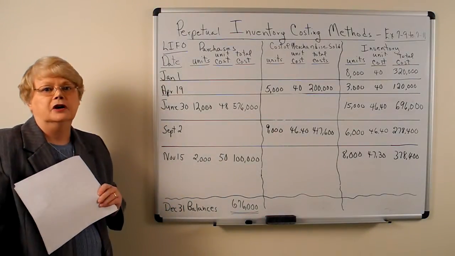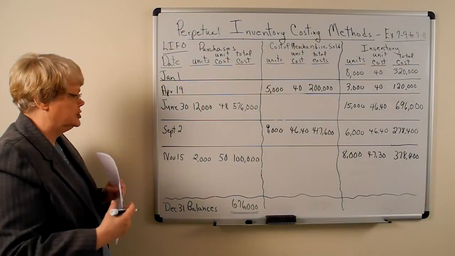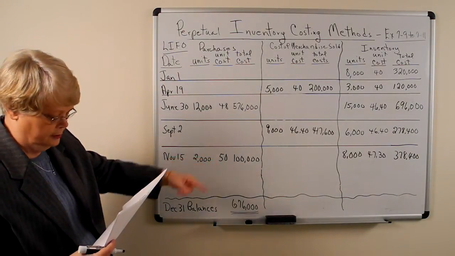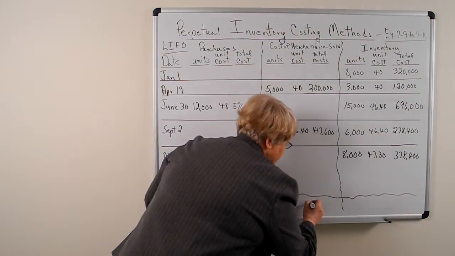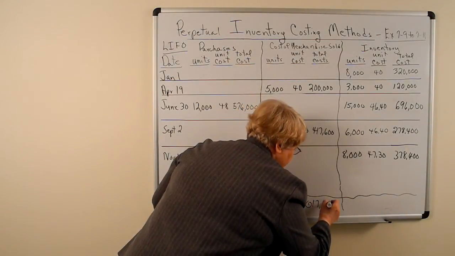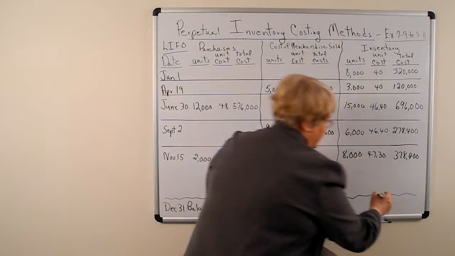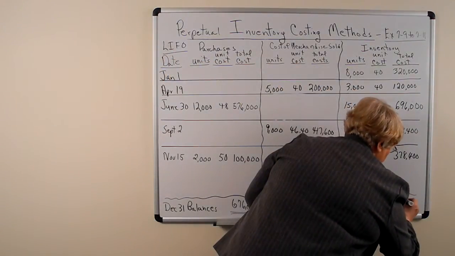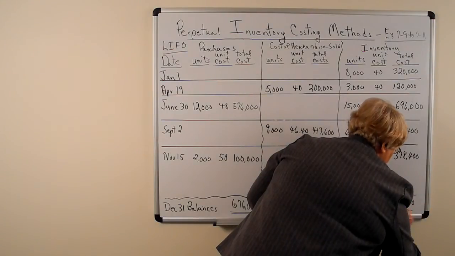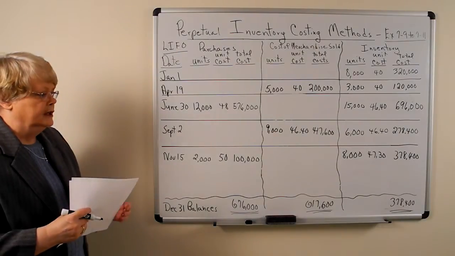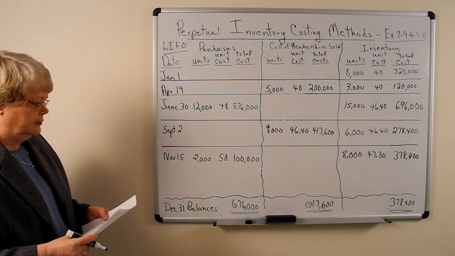So that's what our average cost is at the end when we finish. So the total cost of merchandise sold is 617,600. Our inventory is simply 378,400 because we simply multiplied the units 8,000 by the average cost of 47.30 to get 378,400.